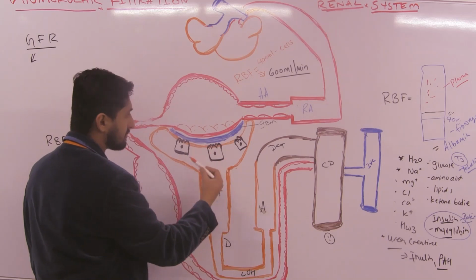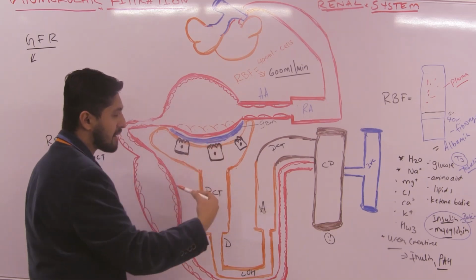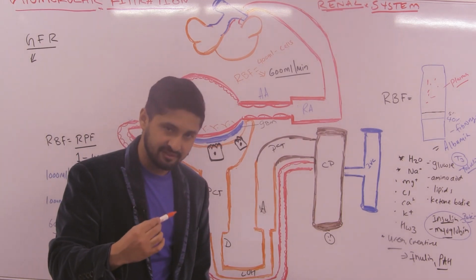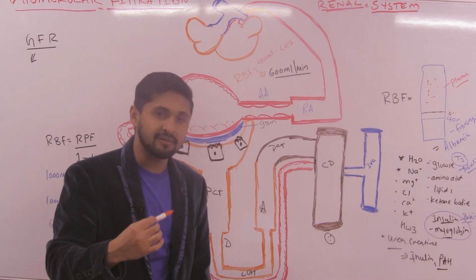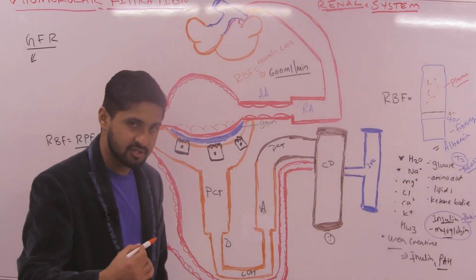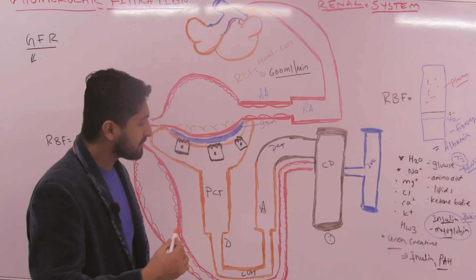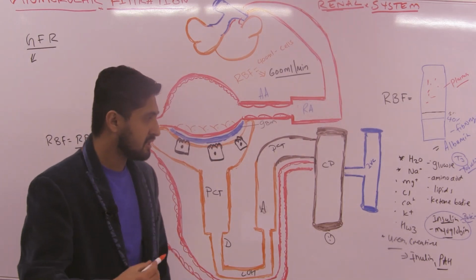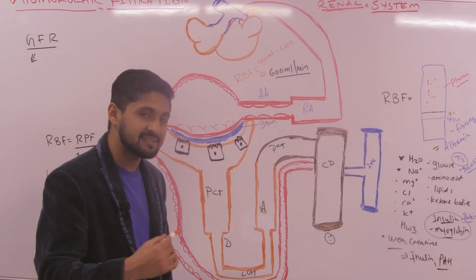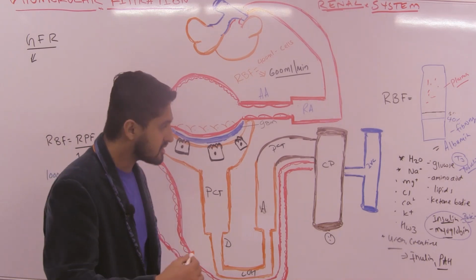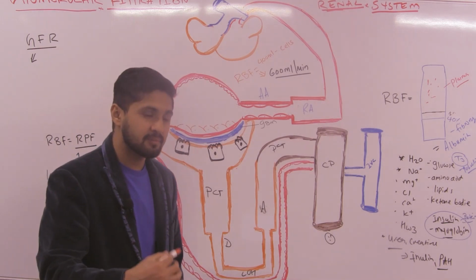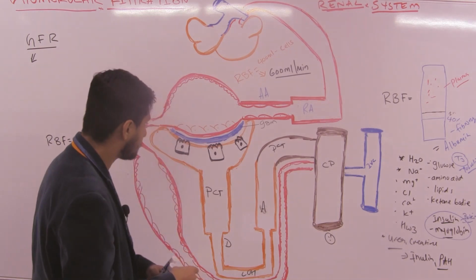Because of that, any molecules that are anionic have a little more difficulty filtering through compared to positively charged ones. For instance, sodium can pass through much better than chloride, because chloride is negatively charged. Chloride still passes through, but with a little difficulty.